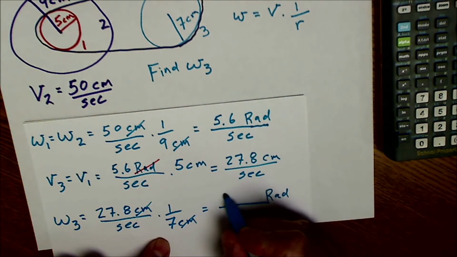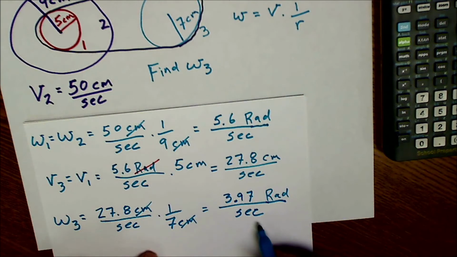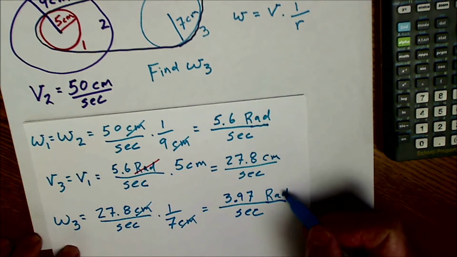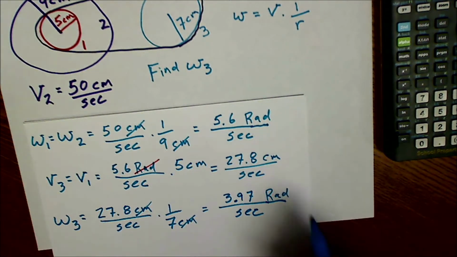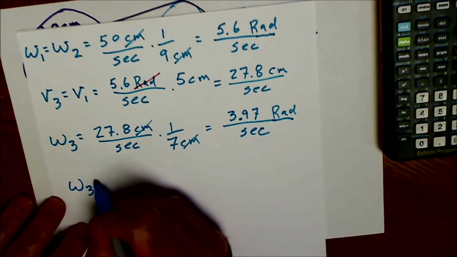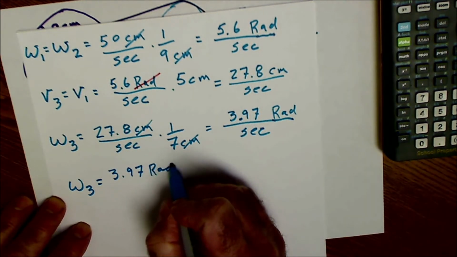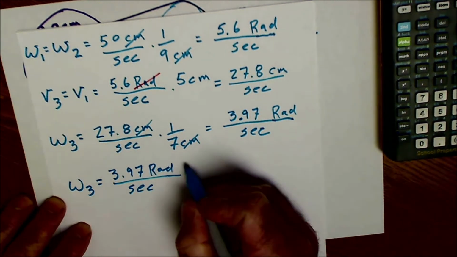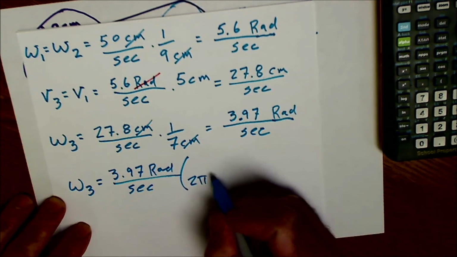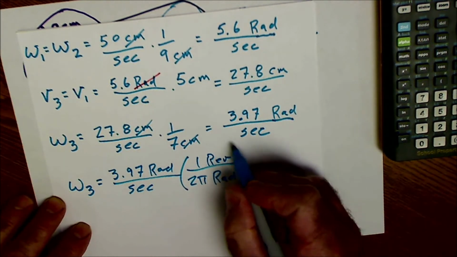So I have 3.97 radians per second. And that's my final answer. It's an angular velocity because it's rotation over time. If it said converted to RPM, it would still be an angular velocity. I would have 3.97 radians per second times a factor of 1, 2 pi rads equal 1 revolution.